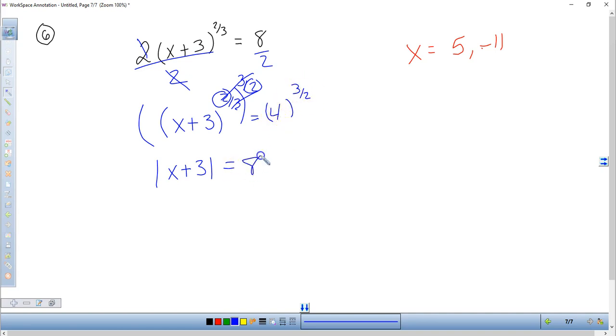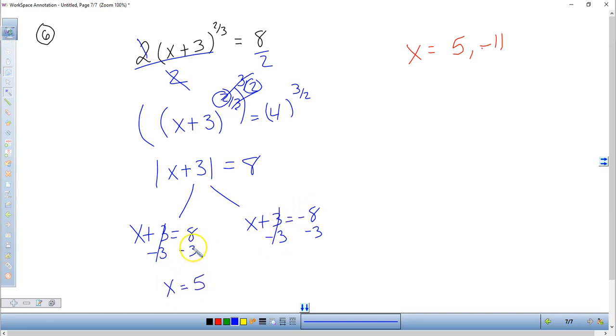Cube it is 8. Perform the split. One of them's positive, one of them's negative, and we solve. X is equal to 8 minus 3 is 5, and negative 8 minus 3 is negative 11. And if we go through the check, we will get that these are both valid solutions.